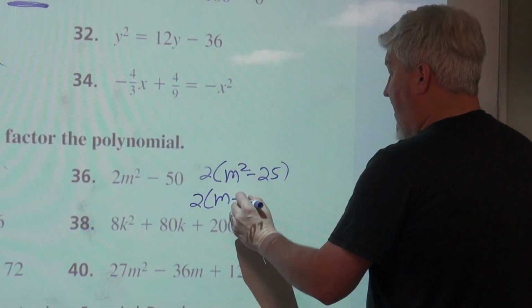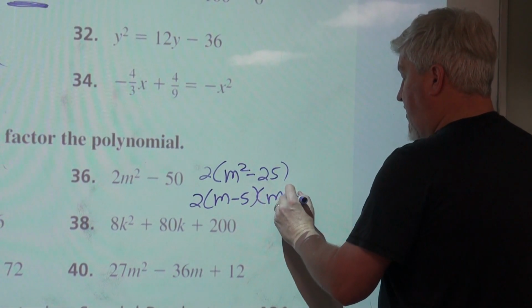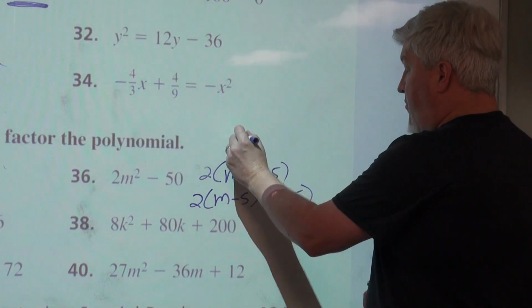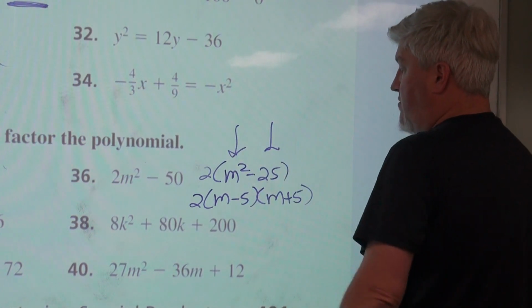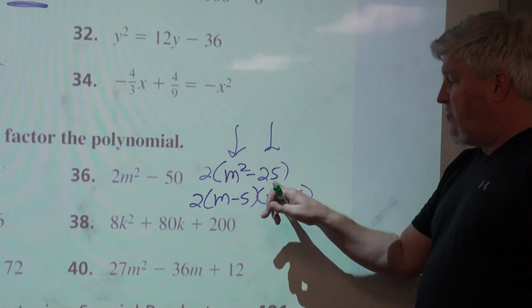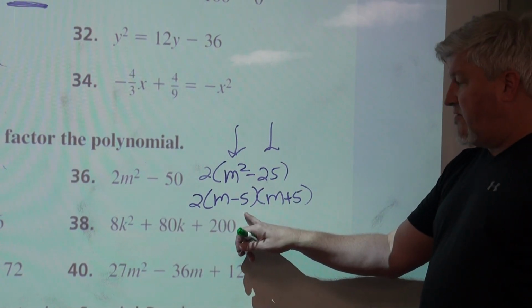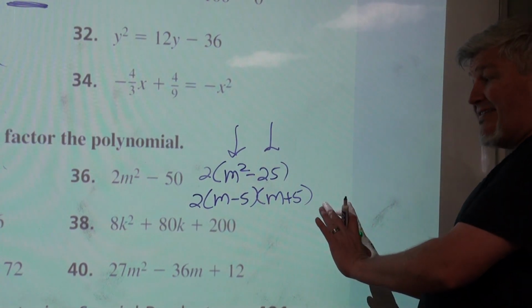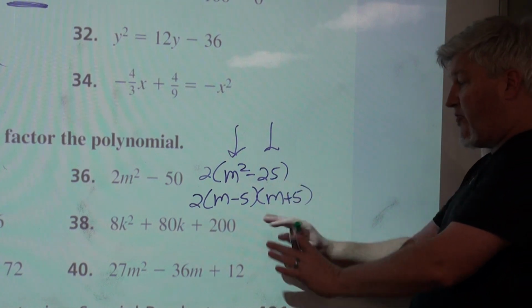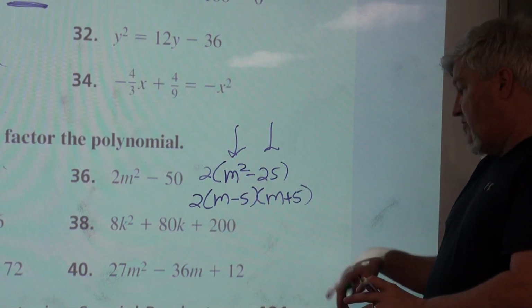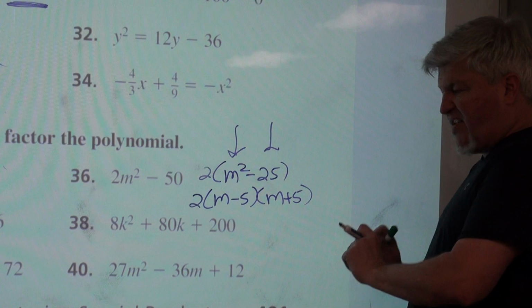M minus 5, m plus 5. Again, because these are both perfect squares. Square root of m squared is m, square root of 25 is 5. It didn't ask you to solve it, it's just asking you to factor it. This is it factored. If you're solving, you'd set it equal to 0 and solve from there. That's not asking us to do that.